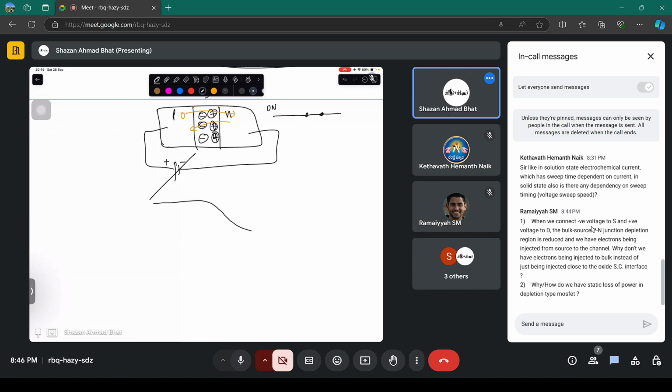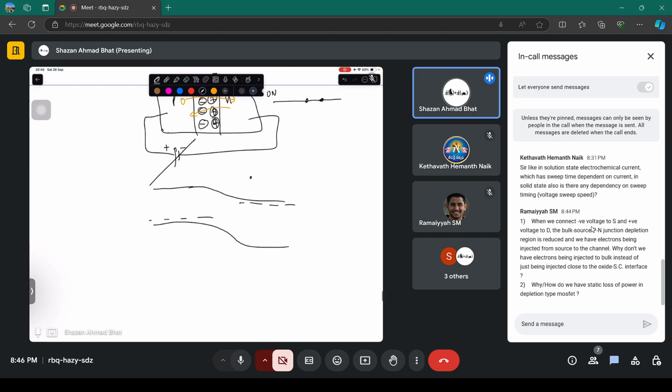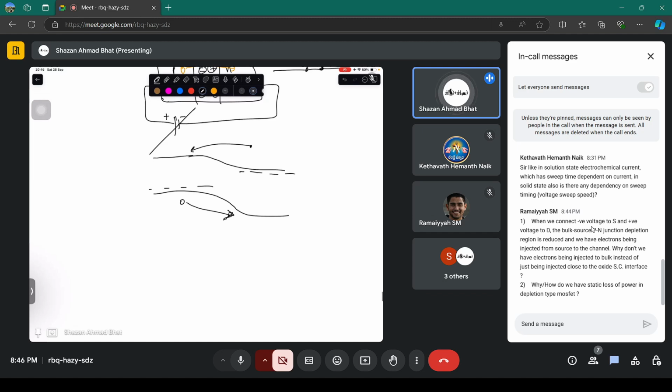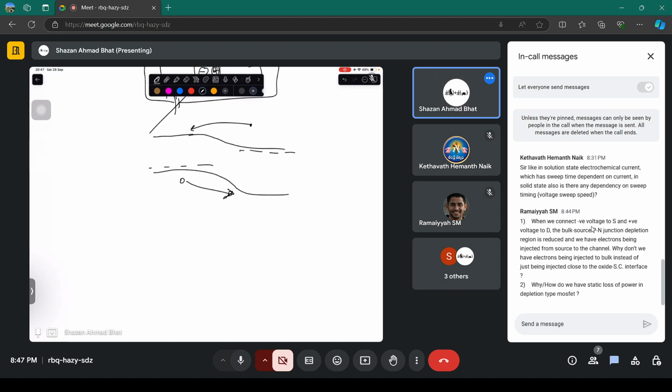That means if in forward bias this was the case, the barrier reduced. This is the forward bias. The electrons went here, the holes went here. When you remove the bias, it takes some time to form back this equilibrium situation.